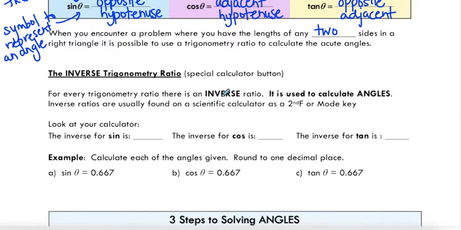Inverse operation ratios are usually found on a scientific calculator as a second function or a mode key or even sometimes a shift key, depending on what your calculator looks like. So take a look at your calculator and you'll see the inverse for sine is represented as sine to the -1. So this shows us that sine is to the exponent of -1.